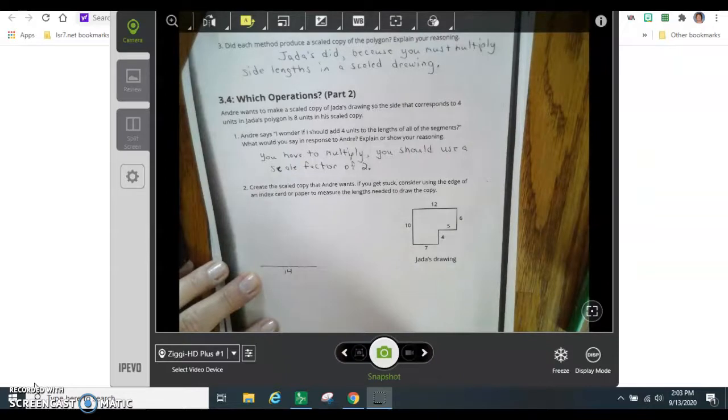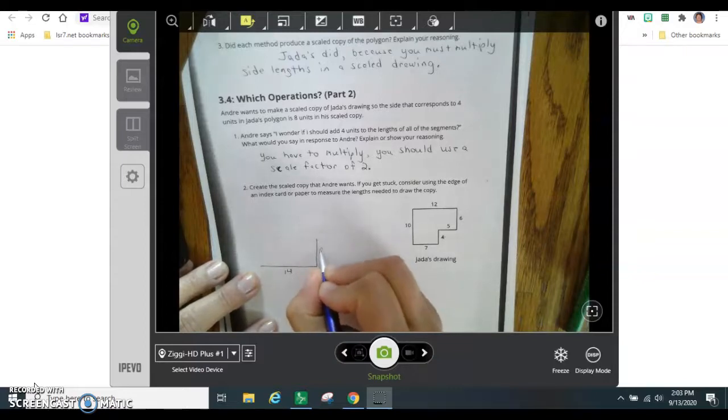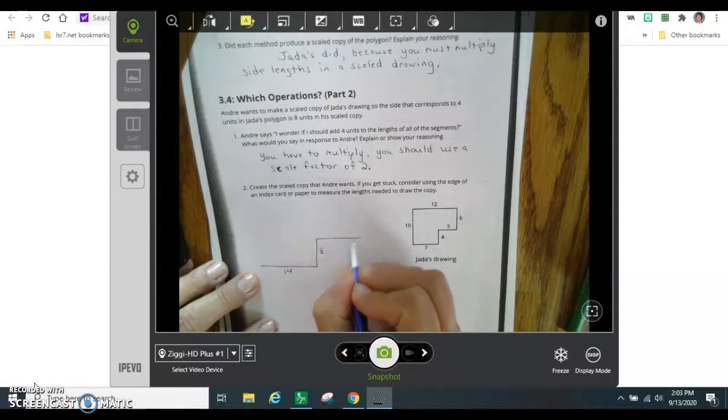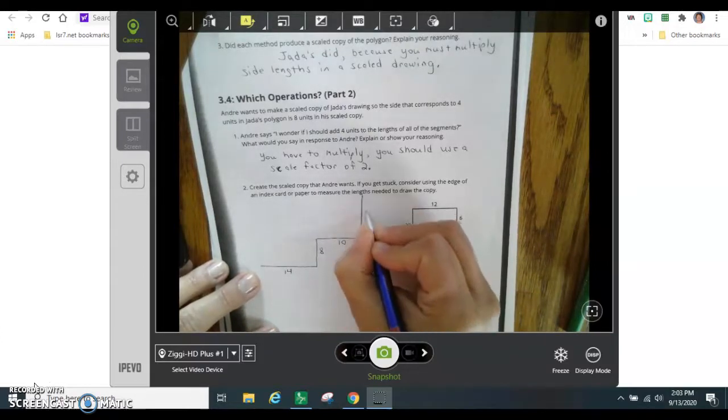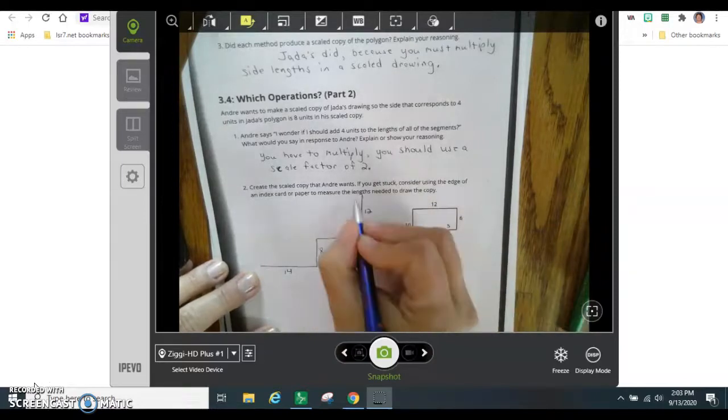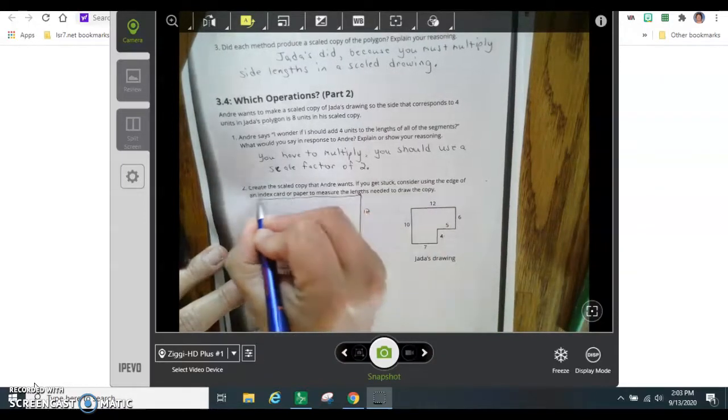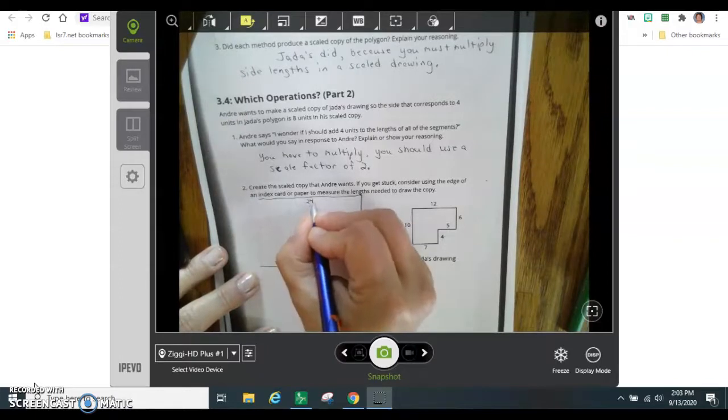I just want you to label it so we know. It doesn't have to be exact. The 4, when we multiply by 2, would become an 8. The 5 would become a 10, right? The 6 becomes a 12. The 12 becomes a big 24.